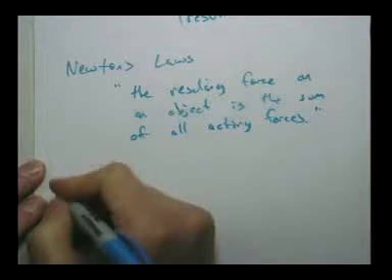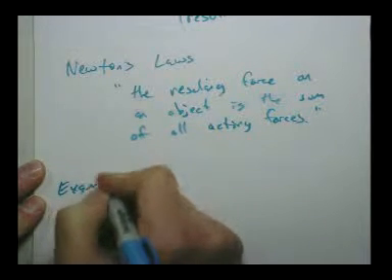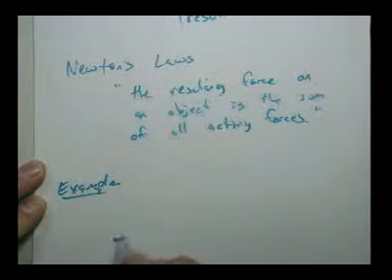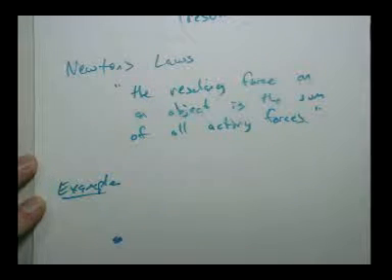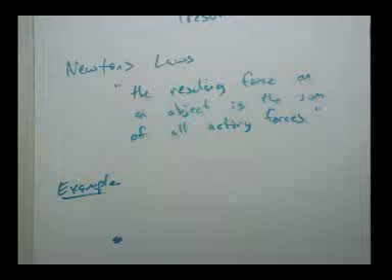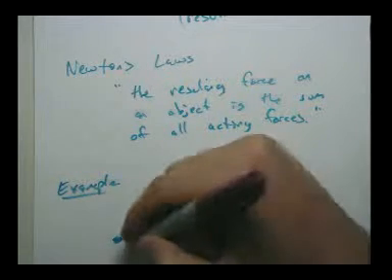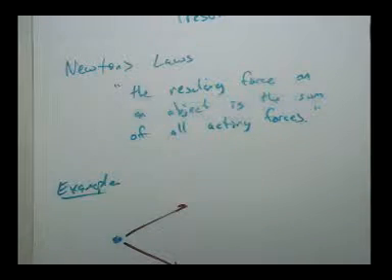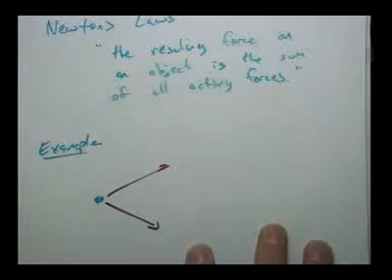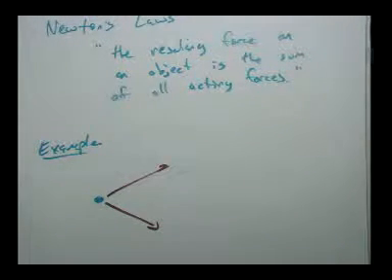So, for example, let's say we've got an object here that we're pulling on, and you and your buddy go and you pull on this, but one of you is pulling this way, and the other one is pulling in a slightly different direction.